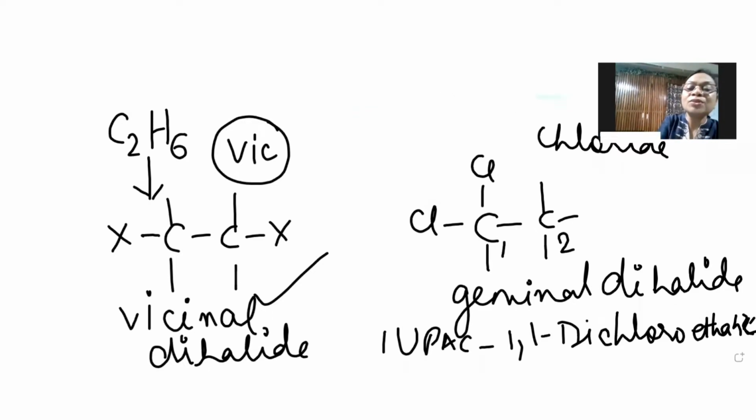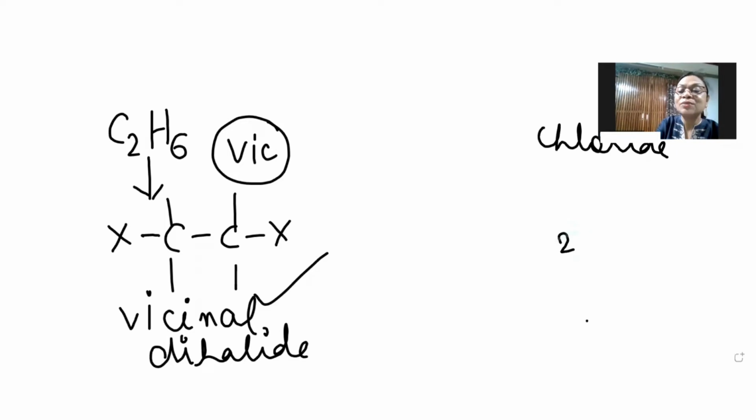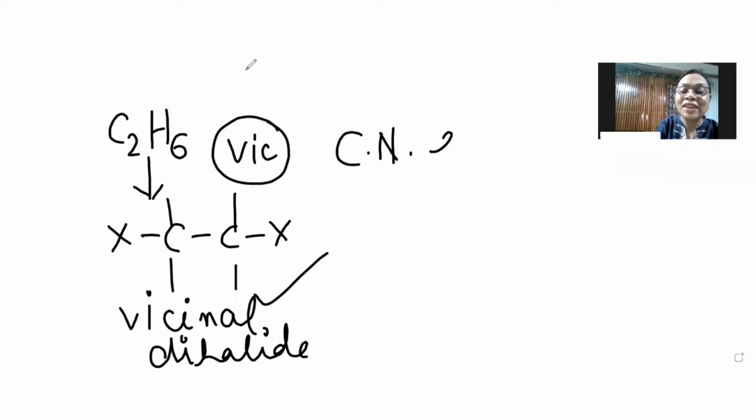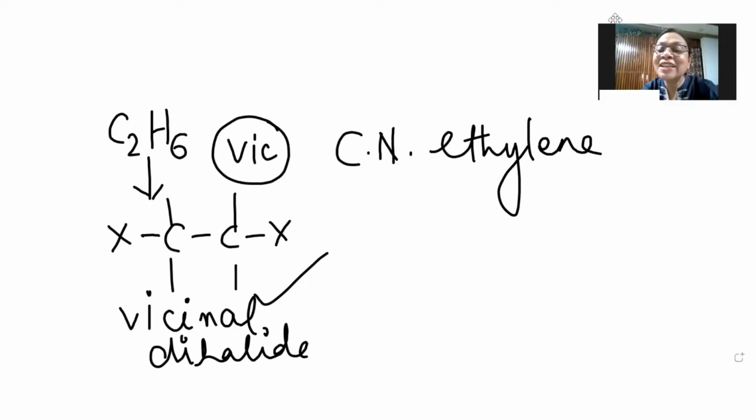Similarly, if we go to the other compound, which is the vicinal dihalide, the common name of this compound is, yes, ethylene. So the ylene names are basically meant for vicinal compounds. So this is ethylene dihalide.